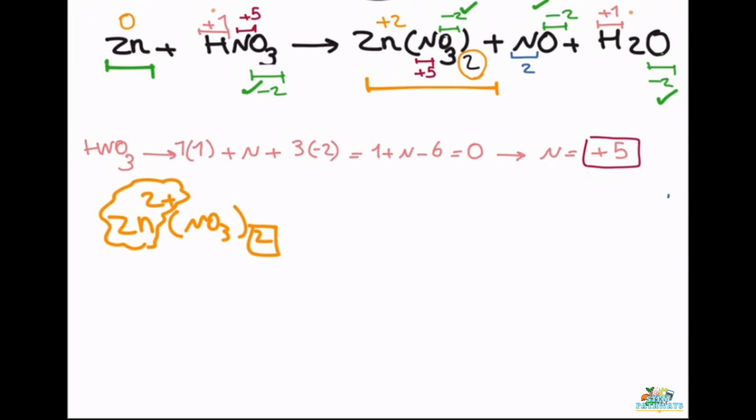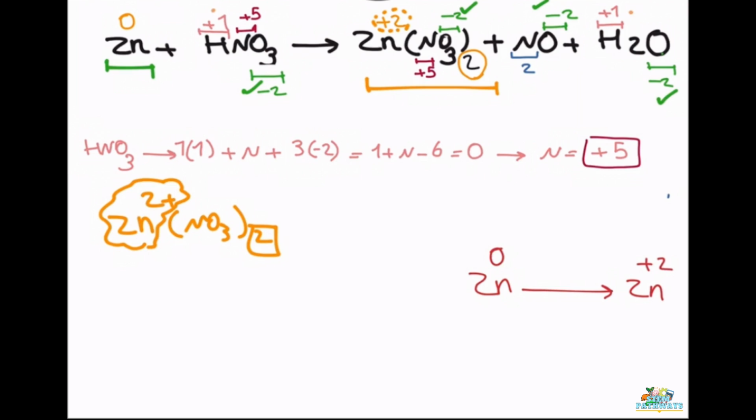So here it is +2. So you know that zinc is one of those atoms that changed its oxidation number. For balancing, we want to use the atoms whose oxidation number changed. So zinc will be one of them because it changed from 0 to +2. No oxygen change here. Whenever you see it, it's -2.